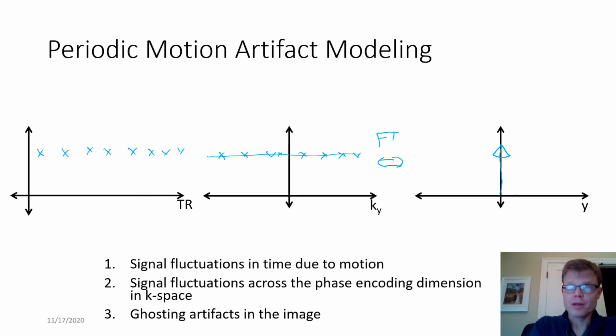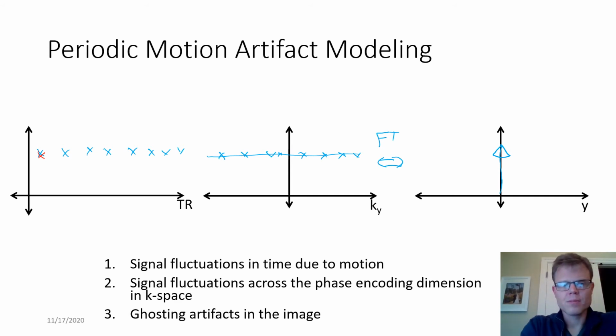Now the way that we're going to model periodic motion is that it's some additional signal fluctuation. For example, the tissue is moving from one voxel to an adjacent voxel, or a blood vessel may be getting brighter or darker due to the amount of blood flowing through it, or expanding or contracting the size of the vessel, or you're breathing up and down, again shifting tissue. So we're going to model that as a periodic oscillation on top of our signal.